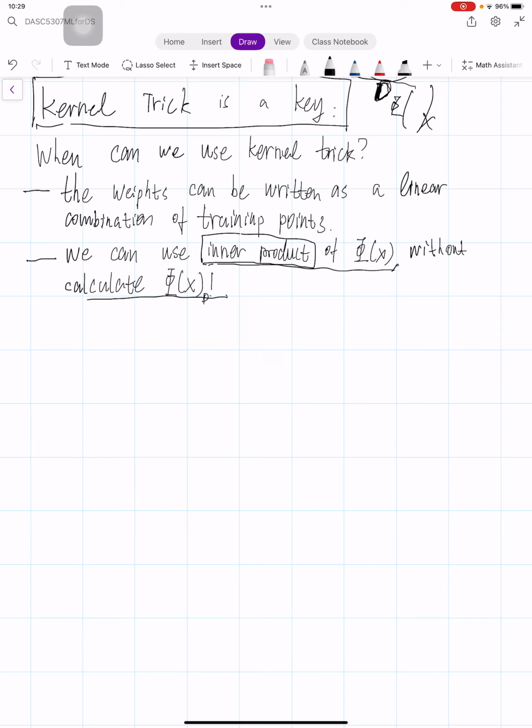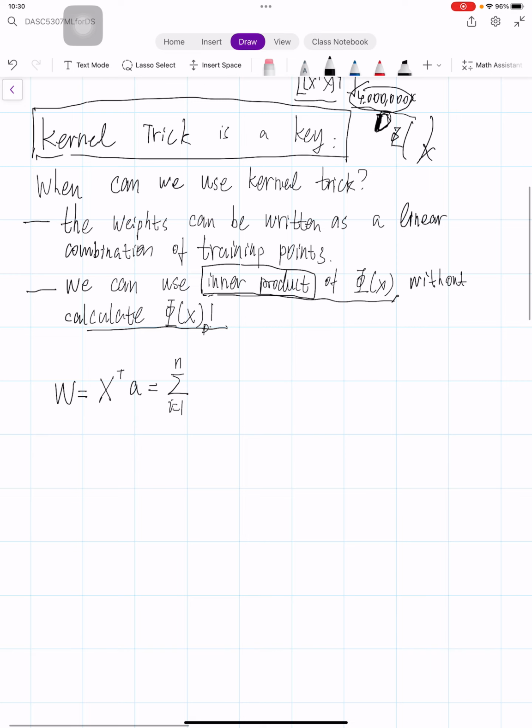So when the weights can be written as a linear combination of the training points, what does that mean? The weights can be written as a linear combination of the design matrix features. For example, w equals X transpose times A, which can be written as a linear combination, sum over i from 1 to n, of a_i times x_i, for each sample point.